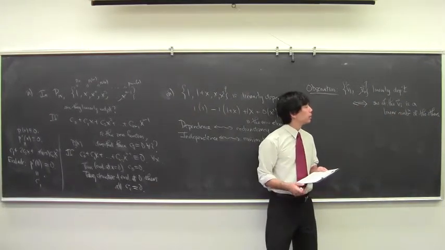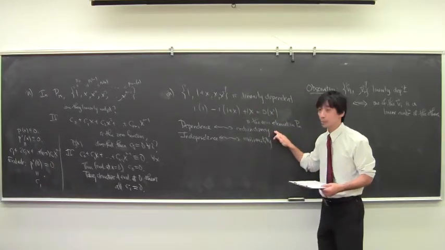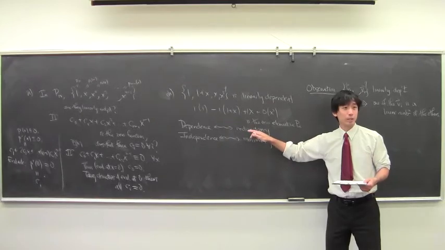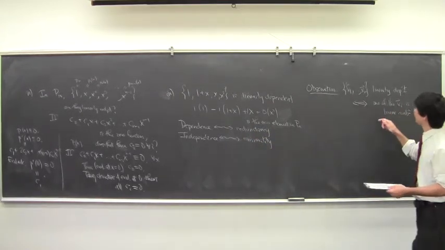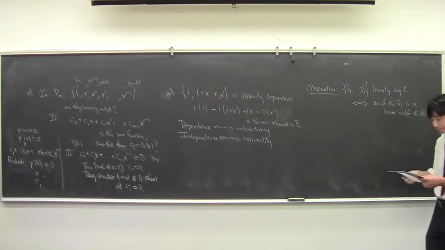So this is a more concrete expression of the statement that dependence is some sort of redundancy. Dependence means that at least one of the guys is a linear combination of the other guys. That guy is redundant.